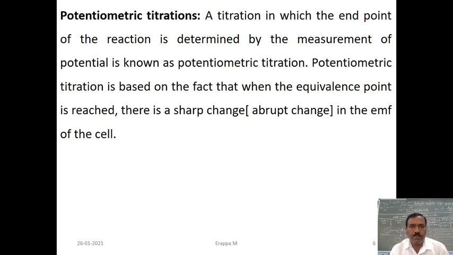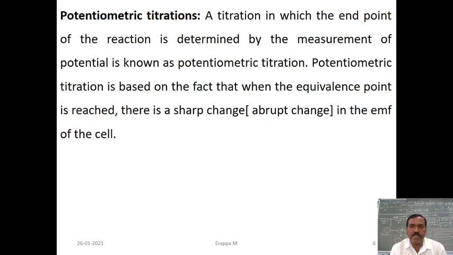Next, coming to potentiometric titration. What is meant by potentiometric titration?